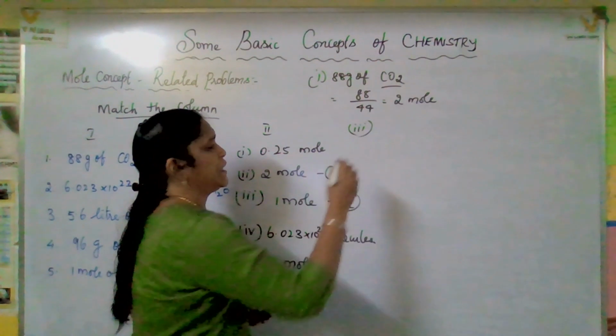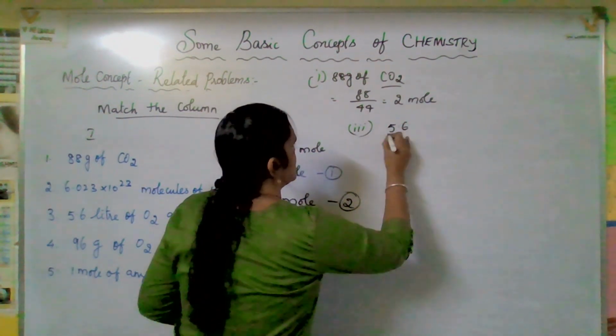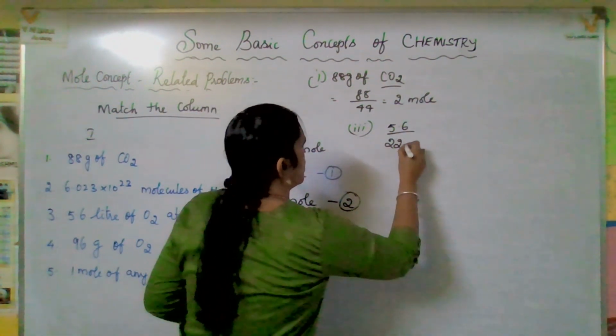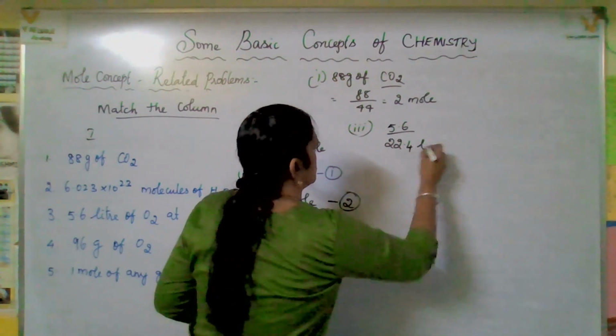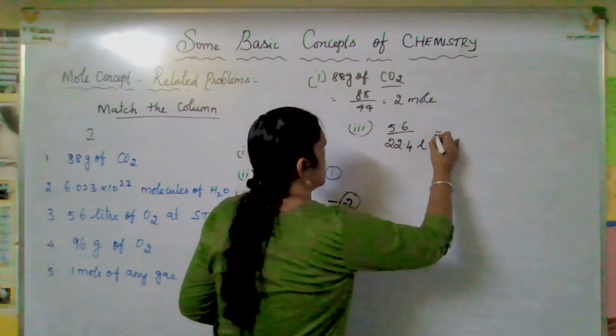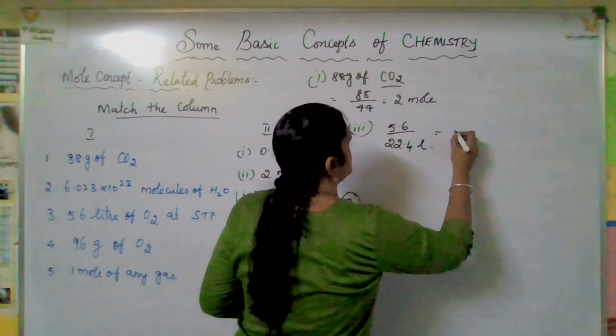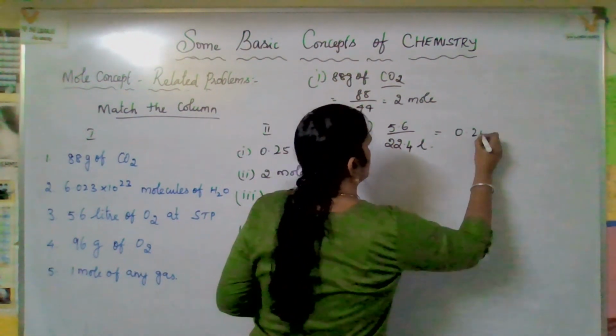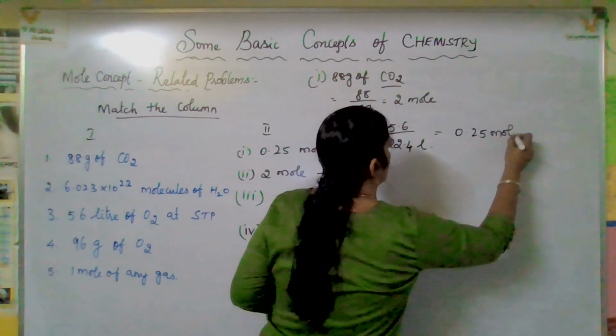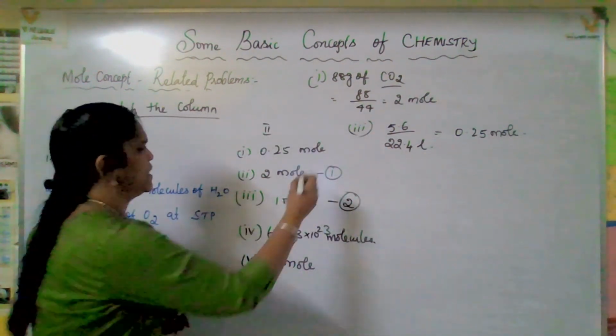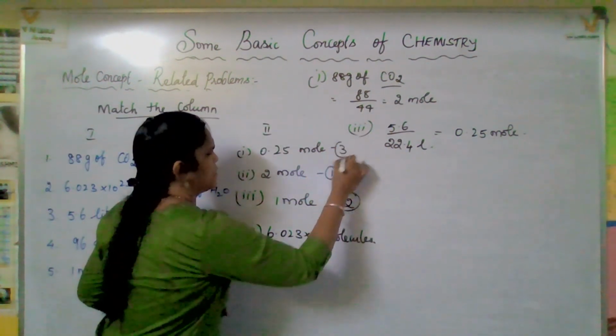So given volume at STP, it is 5.6 divided by 22.4 liter. So naturally you will get 0.25 mole. Yes, now this is the third option.